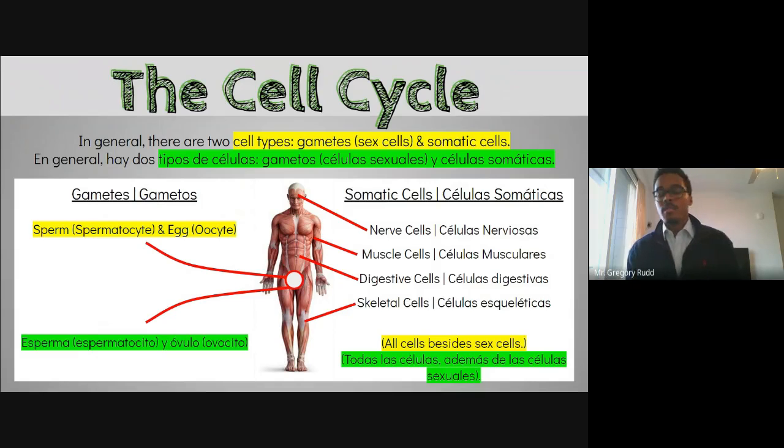Your nerve cells, your muscle cells, your digestive cells, your skeletal cells, everything else that is not a sperm or an egg is a somatic cell.